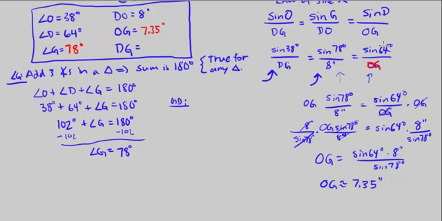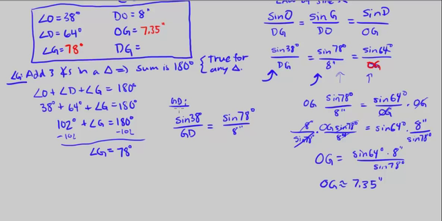So I could ignore this expression this time and just use these two are equal to each other. So I have sine of 38 divided by side DG, or I'm going to call it GD just to be consistent, equals sine of 78 degrees divided by 8 inches.